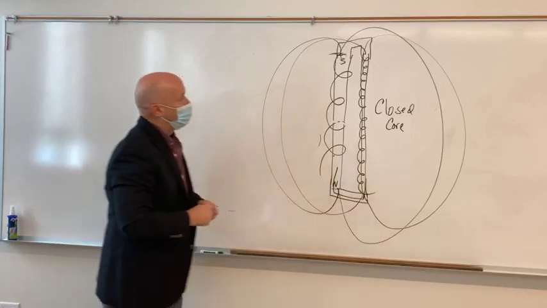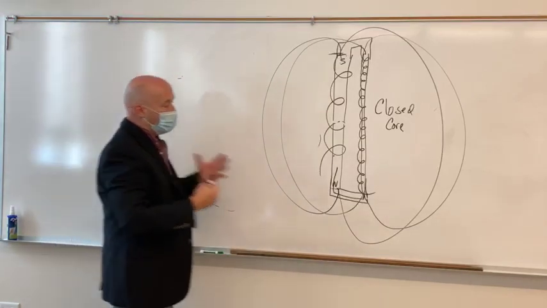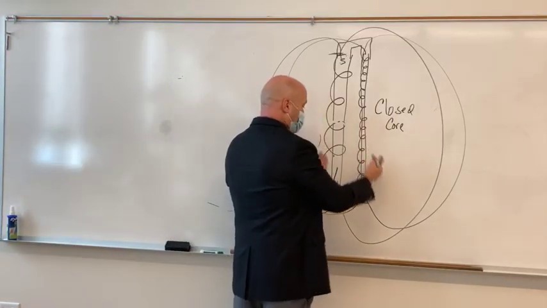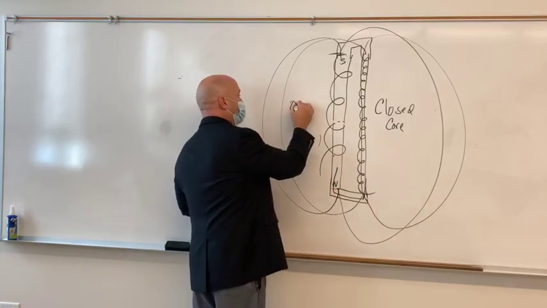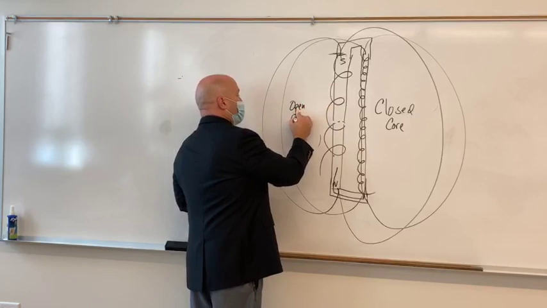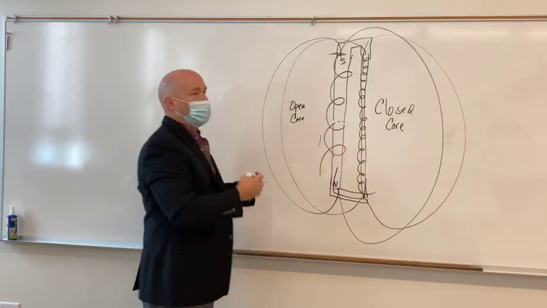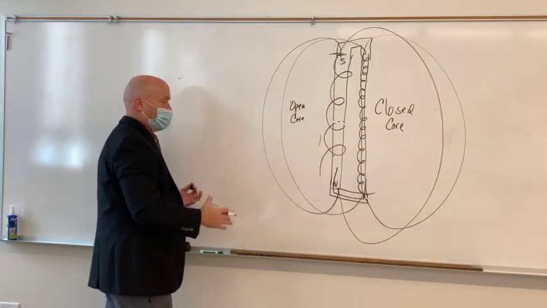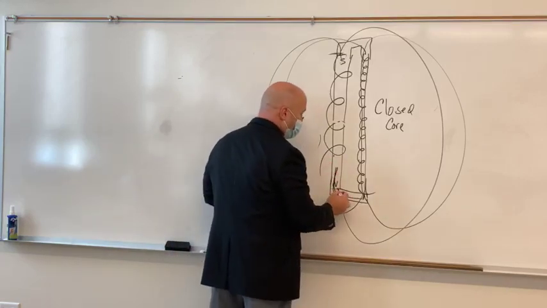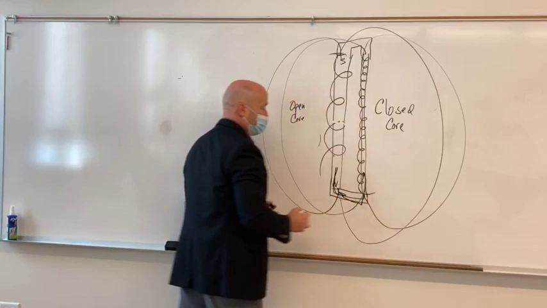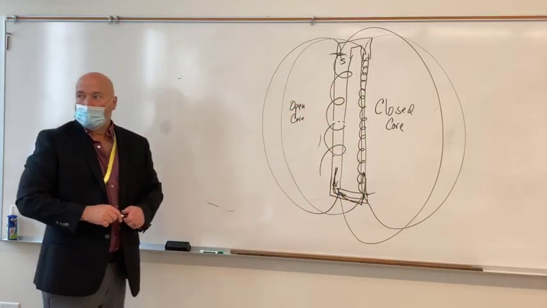So this is what we call a closed core transformer. Closed core transformer uses basically a connection at the top and the bottom of two open core transformers to improve the efficiency and give the magnetism a place to go, so that it takes it directly out of one and jams it directly into the next one.